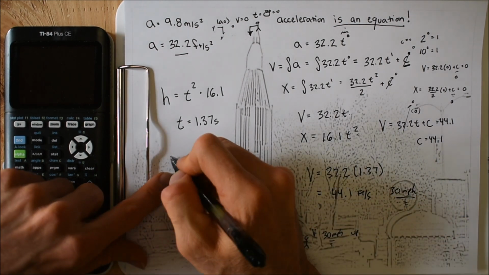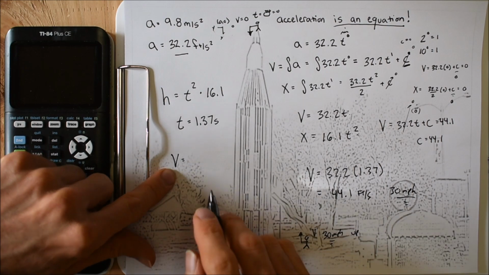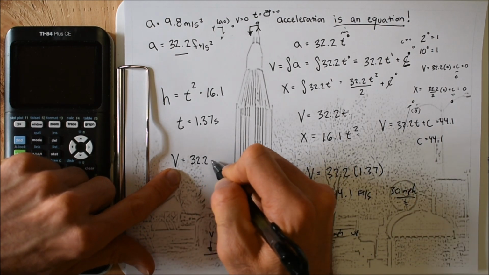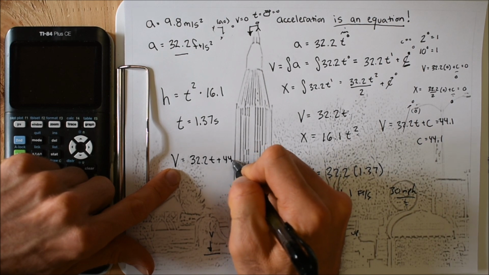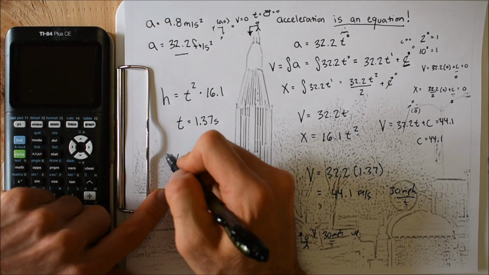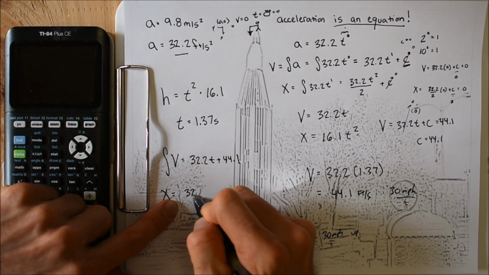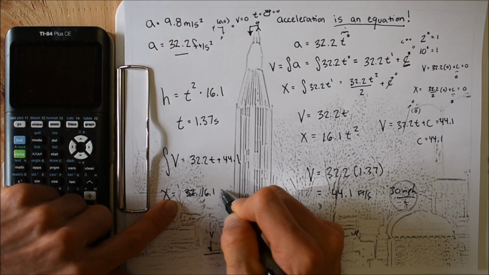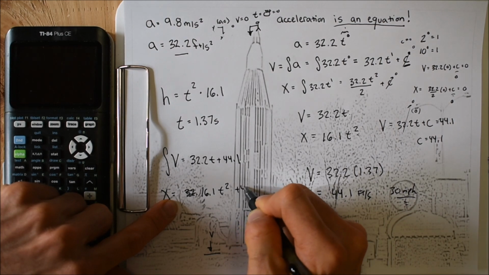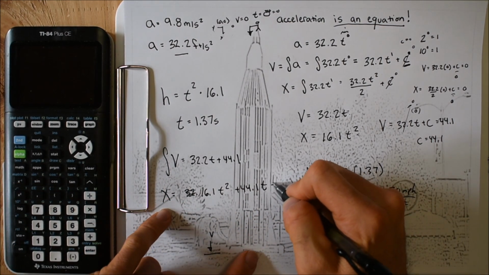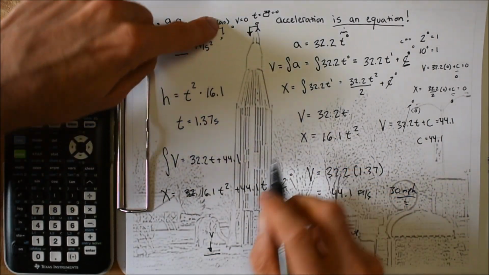So our new velocity equation for that scenario would be 32.2 t plus 44.1. And if we integrate that, we get position, which would be 16.1 t squared plus 44.1 t, and plus c, but c is going to be 0 because we're starting up there anyway.